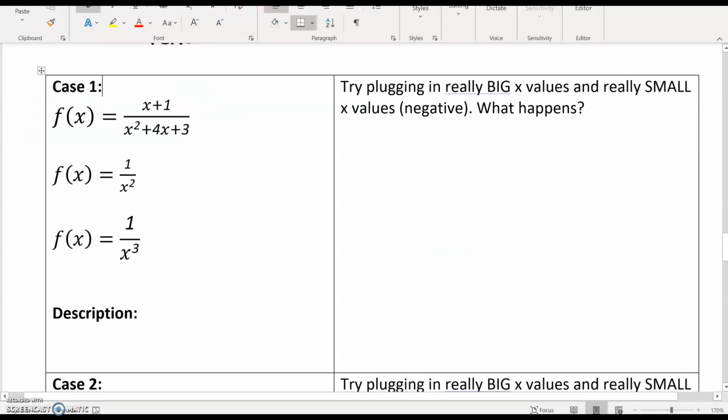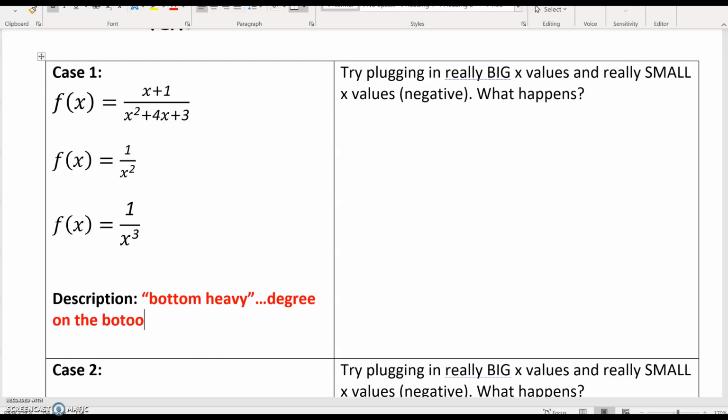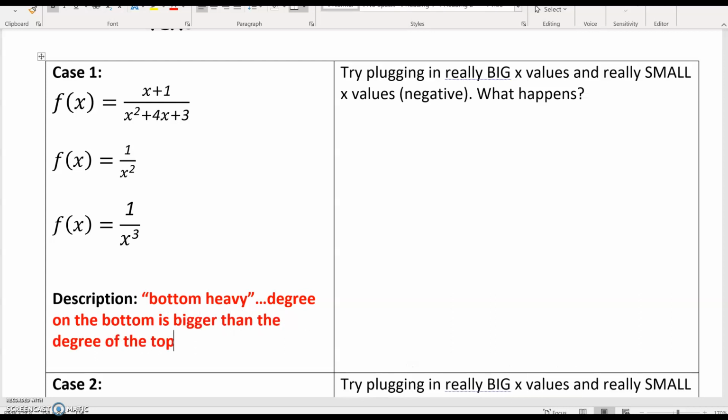Case number 1 is what I informally like to call bottom heavy, which means that the degree on the bottom of the fraction is bigger than the degree of the top. Okay, so x squared has a higher degree than 1.